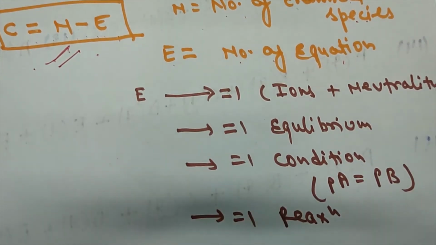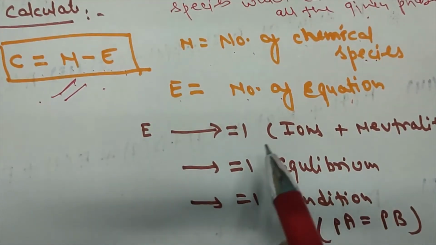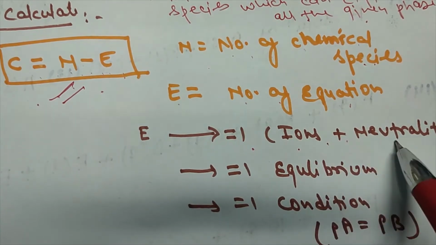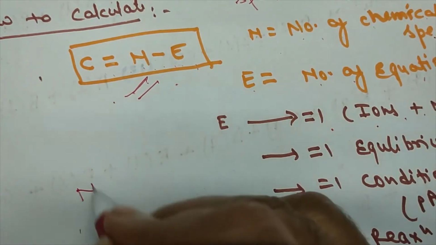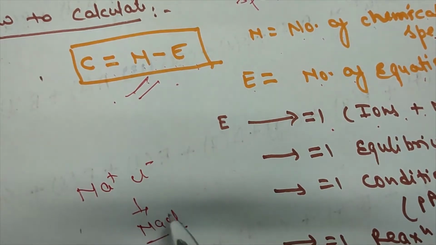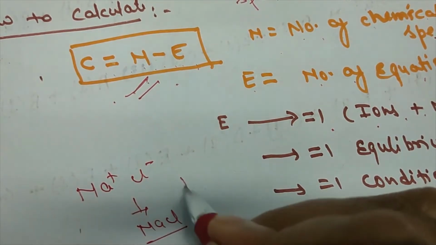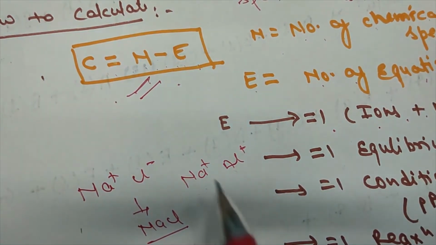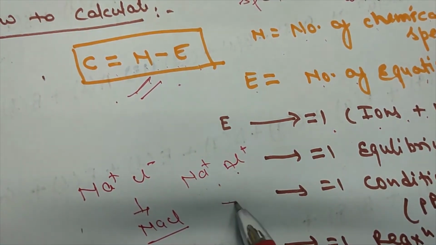Now there is some condition for this formula. If ions are given to you and these ions can form a neutral compound, like suppose Na+ and Cl- are given, you know very well that NaCl can form a neutral compound. If Na+ and Al+ are given, they are also ions, but do they form any compound?